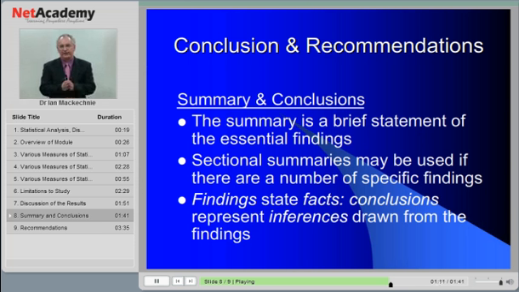So let's sum up again what we're looking at. The findings section analyses your data and is factual. Your summary section is a summary of your findings, and your conclusion section is taking these findings and drawing the inferences or the implications of what your findings mean to your study.